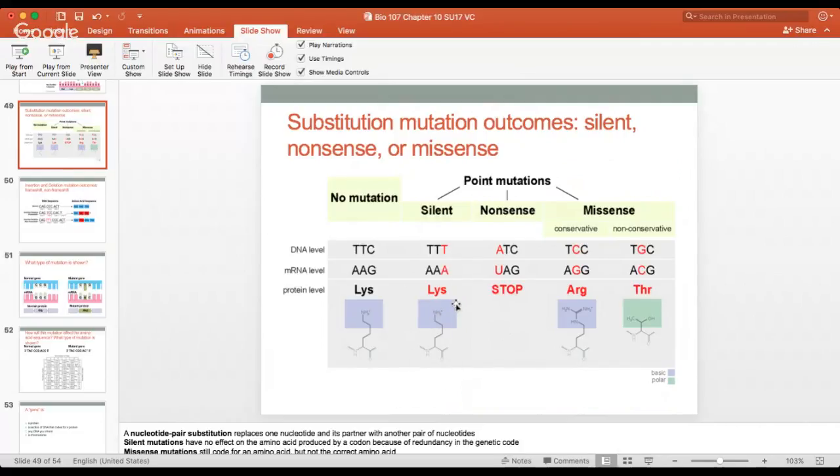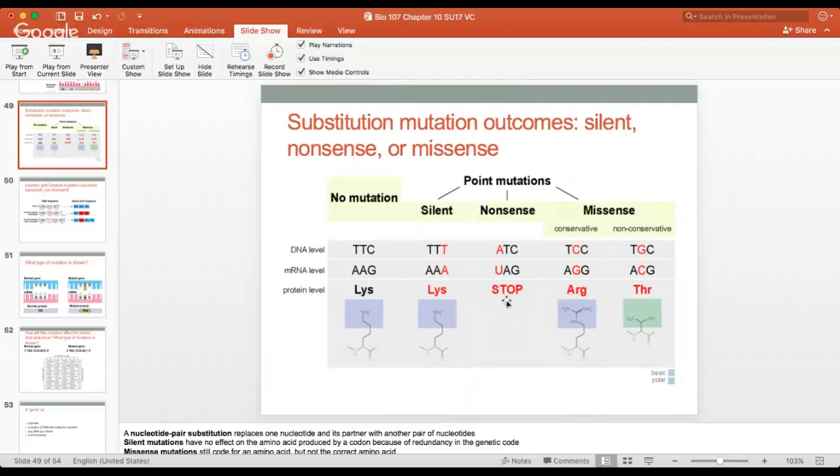A nonsense mutation is if we have this TTC change into ATC, which makes this mRNA UAG, and that is a stop signal. This signals the ribosome to absolutely stop translating the mRNA.